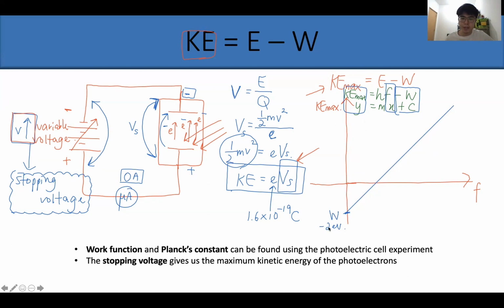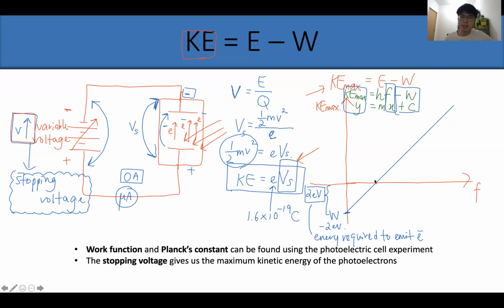If the work function is minus 2, that means this 2 electron volts is the energy required to emit the electrons, from the x-axis down to W. That is how much energy you need to emit the electrons.